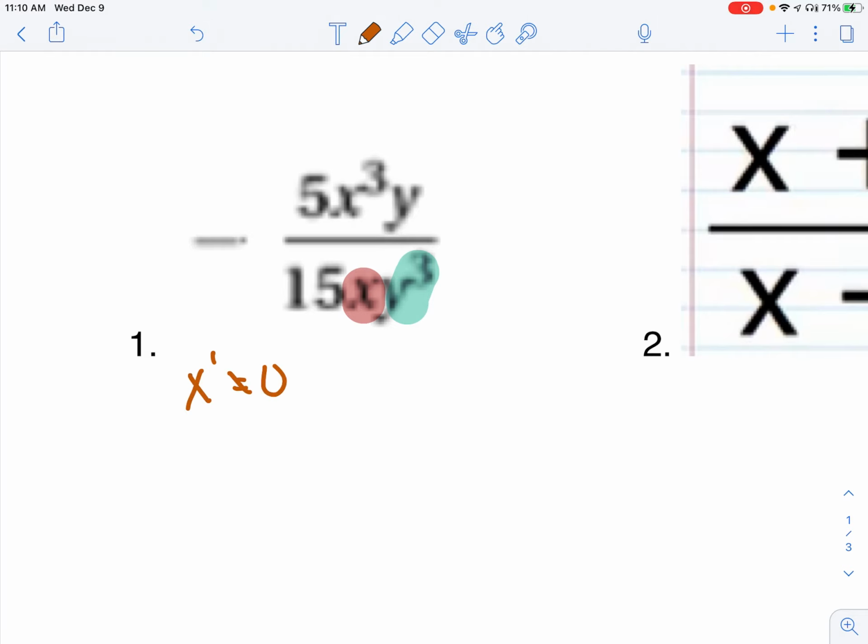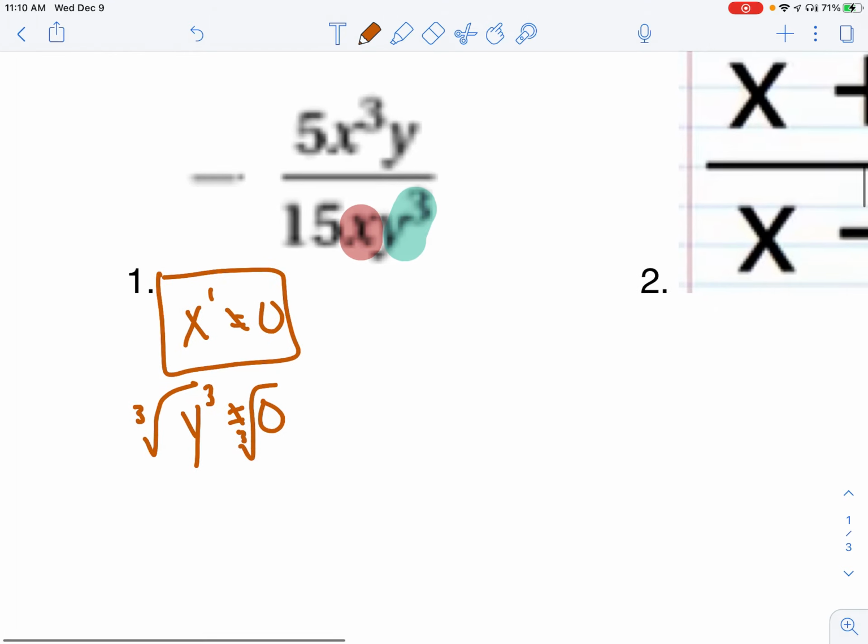That's my first restricted value. The other thing I know is that y to the third power is not allowed to equal 0. To solve for y, you take the cube root, and that means y is not allowed to be 0. So those are two restricted values for number 1.